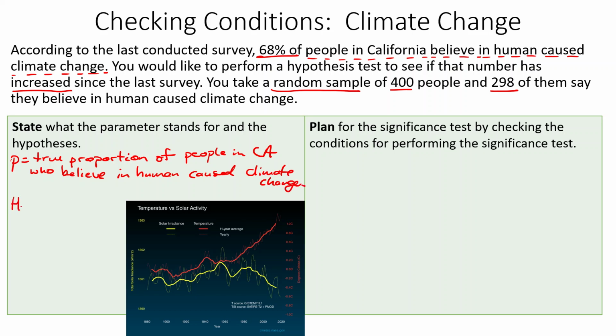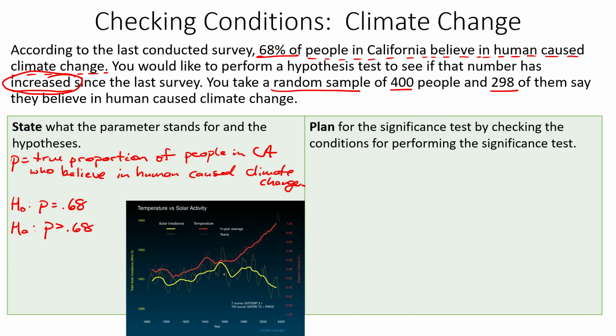All right, so our null hypothesis is, from the last information we got, that the true proportion is 68%. Our alternative hypothesis, we want to see, has it increased? Like, that was the key word. So that means our P is going to be greater than 68, we think.